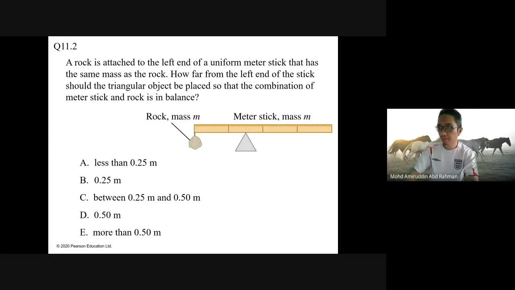Who can tell me what kind of equation that you can use? I have shared the whiteboard, so if you want to give me the equation, you can put it there.